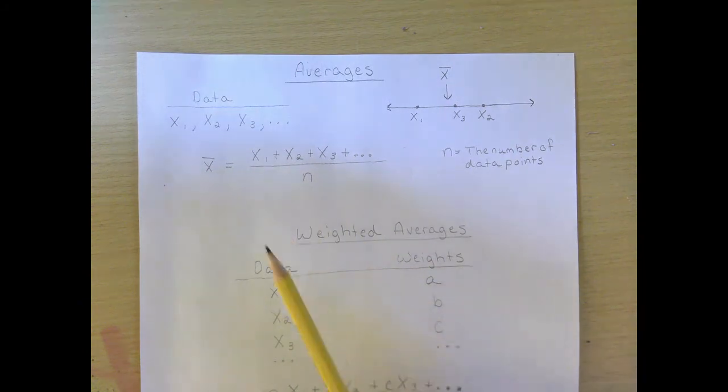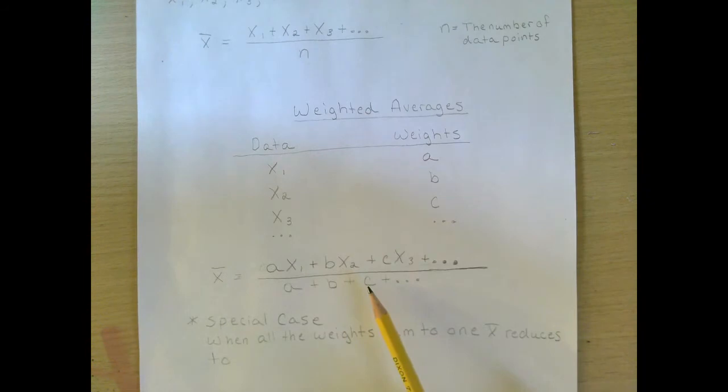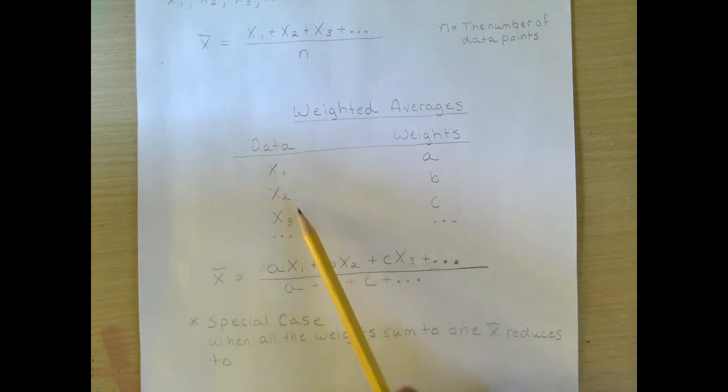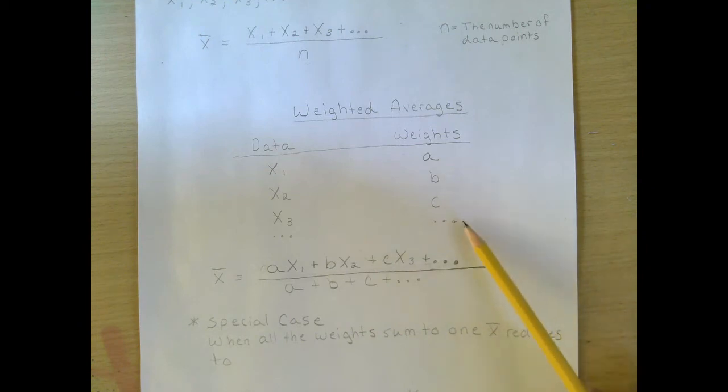Now, what that assumes is that each one of these points is equally likely. When that's not true, what we can do is the weighted average. So we're going to have data, x1, x2, x3, and each one of these is going to have different weights. If you want to picture a scenario where this is true, this is how, for instance, I calculate your grades.